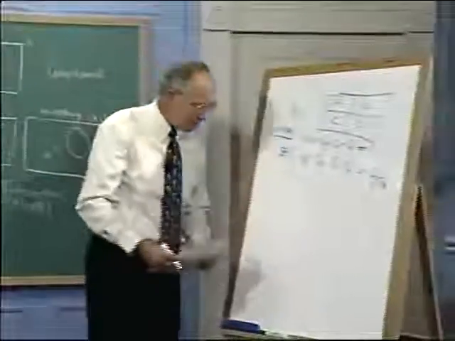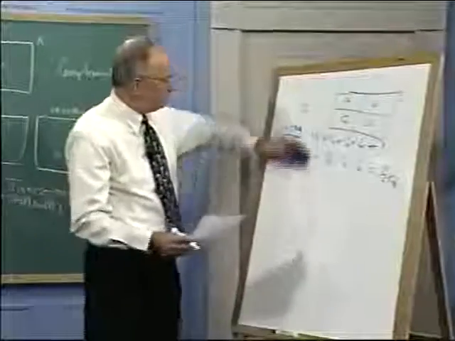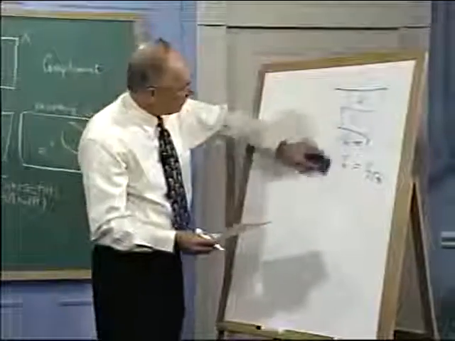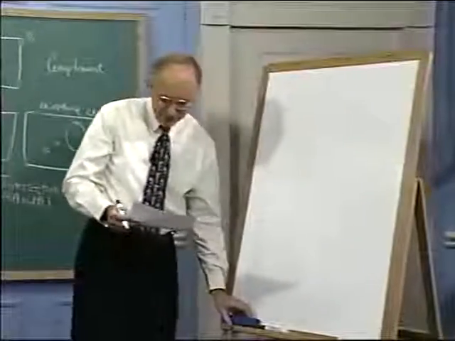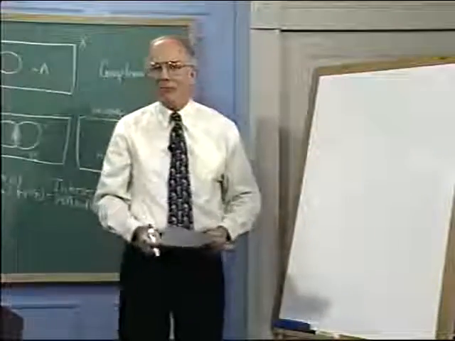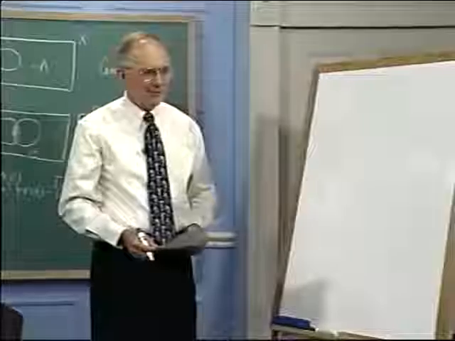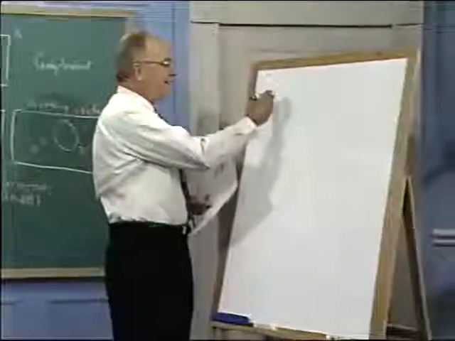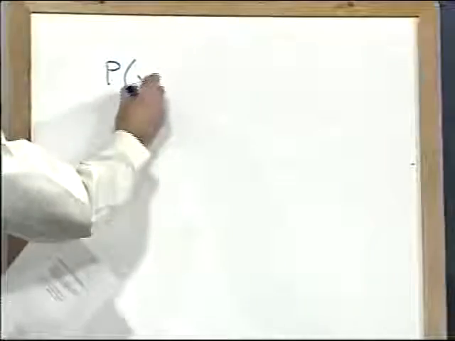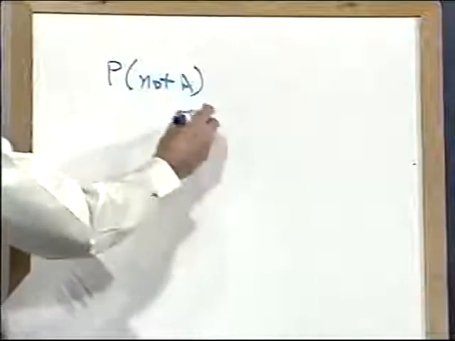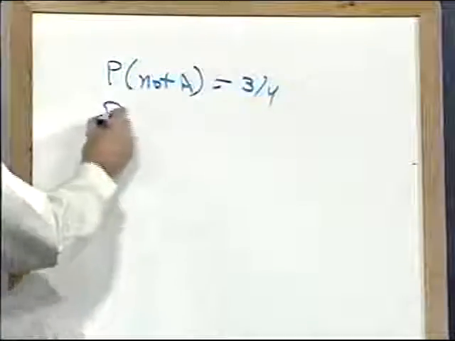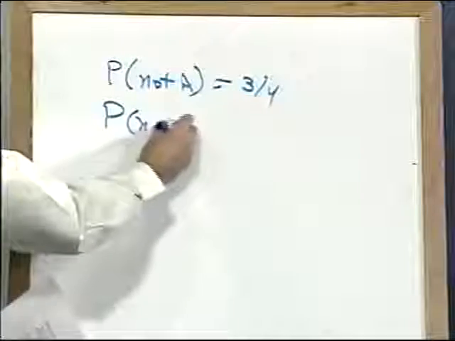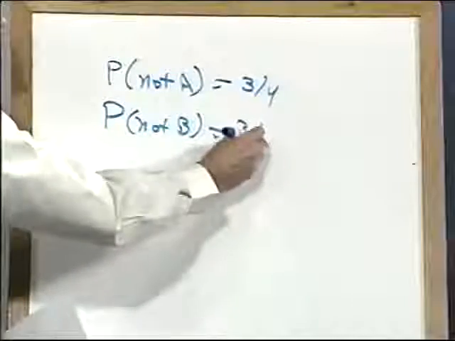Well, let me illustrate how to solve this one and then come up with the conclusion for our lecture. The easiest way to solve a problem like this is to come in the back door. The probability of not getting a job offer from A is 3/4. The probability of not B is 3/4.